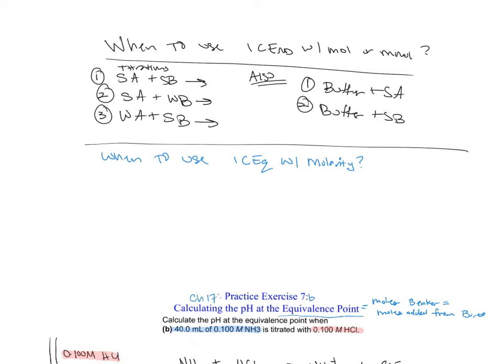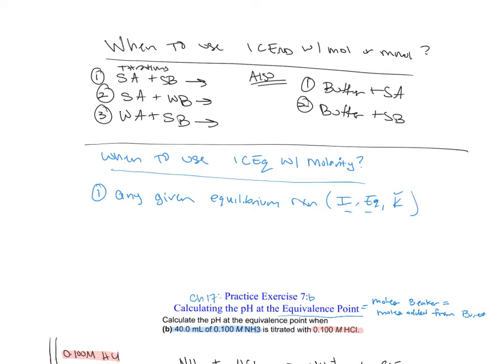Also review, when do we use ICEQ with molarity? So we really had, in Chapter 15, any given equilibrium reaction, right? We have initial given, equilibrium given, and K, we are going to be given two of them and asked to find the third.